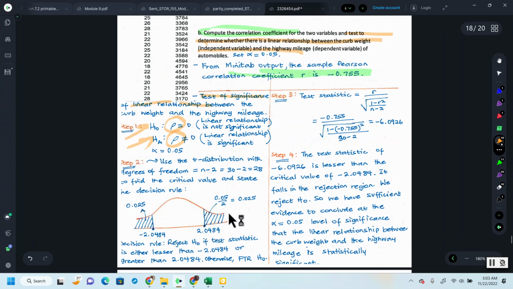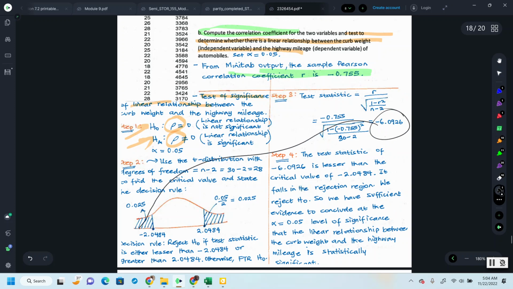As we have illustrated previously, we go on to the test statistic, and that will be done using this formula. If you plug in your r value, which is negative 0.755 right here, and the same r value here, and n minus 2 is 28 right here, we get negative 6.0926. So where does this value, negative 6.09, fall?